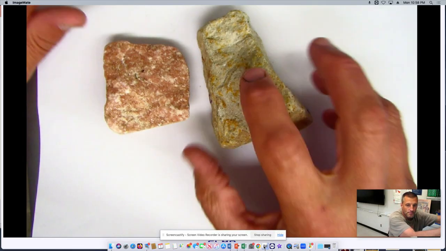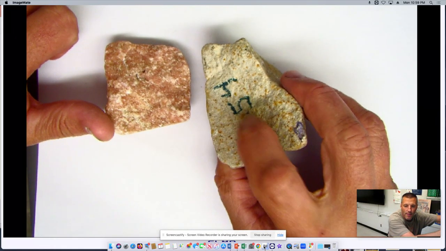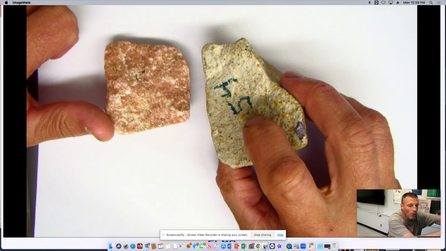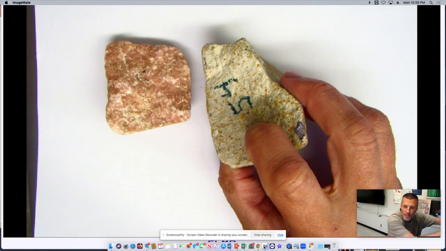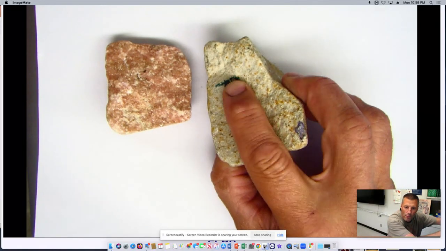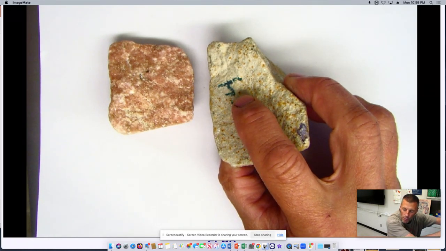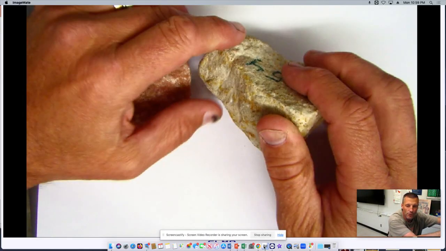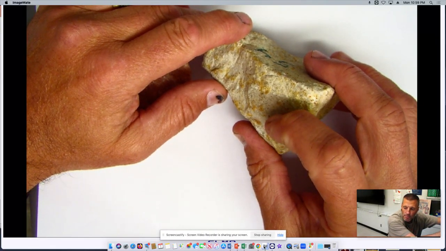So here, this one we passed around the other day, and the yellow is much more obvious here under the camera than it is when you're just holding it in your hand. But if you rub back and forth on this one, it feels really gritty. So what sedimentary rock is that if it feels really gritty? That's sandstone.